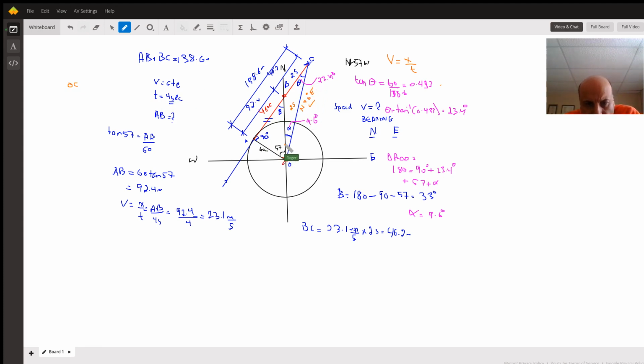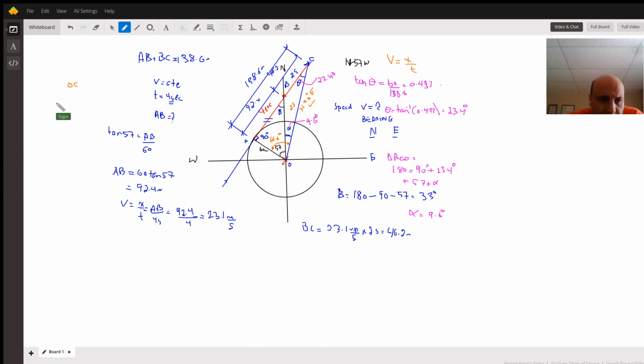How do I get that? Well, look, we know what this angle is, right? So this total angle here is 57 plus 9.6, it's 66.6 degree. And this is a right angle triangle, so it's very easy. If you take the cosine of 66.6, you're going to get the adjacent over the hypotenuse. The hypotenuse is OC.